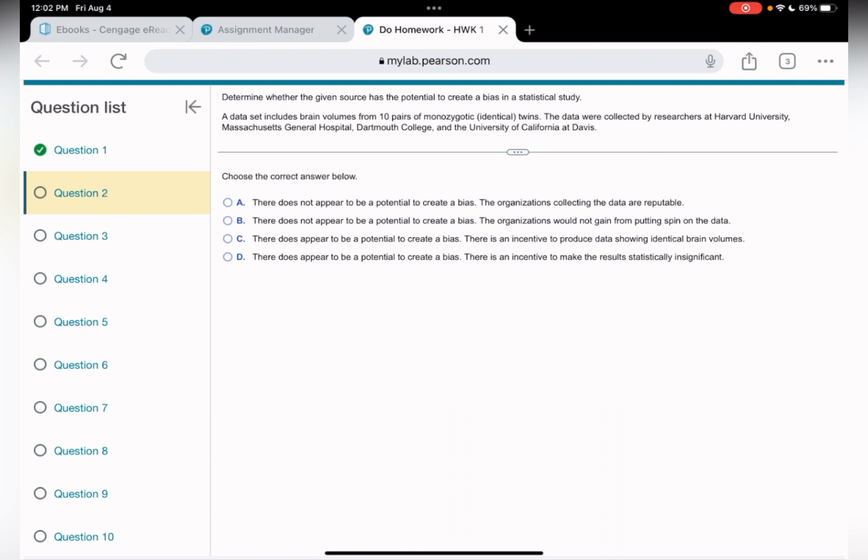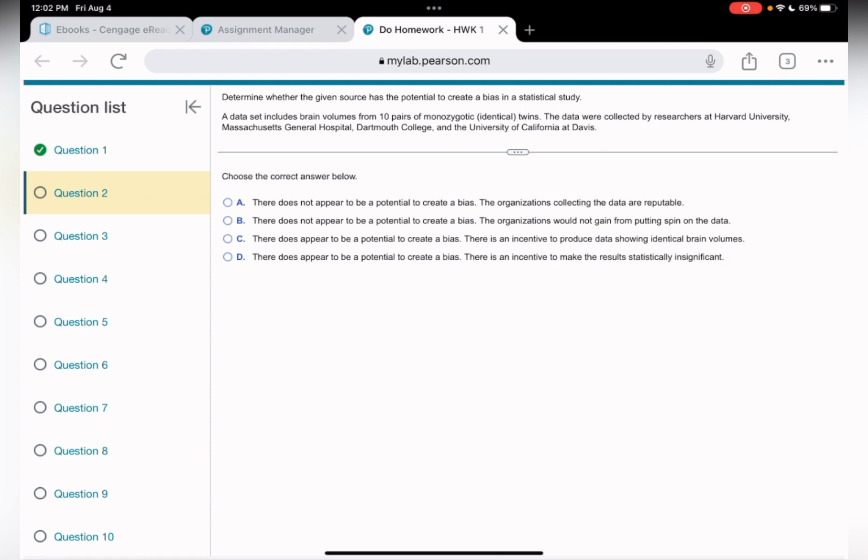So a data set includes brain volumes for 10 pairs of identical twins, monozygotic. The data were collected by researchers at Harvard University, Massachusetts General Hospital, Dartmouth College, and University of California at Davis.